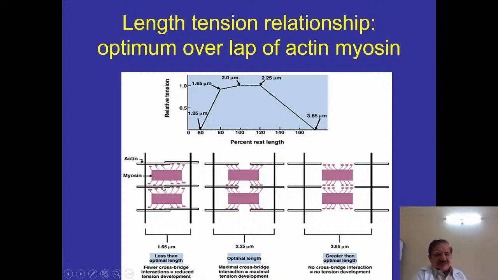The titin which is here is also going nearer to the M band. Here the force generated is less, and it then goes down. The shortening will not go up to here, but it goes up to here and then stops. From here, there is a downfall of the force, the tension.